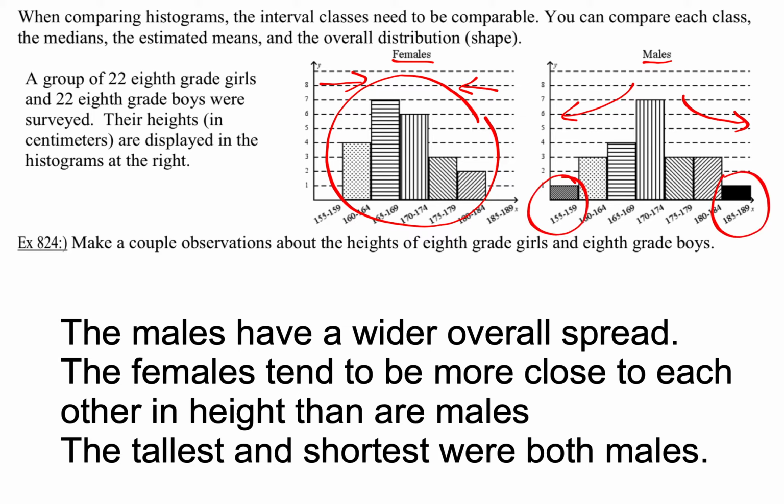Now, the biological differences between males and females at the junior high age, 8th grade specifically, because these were 8th graders. Girls tend to start maturing before boys do on average.